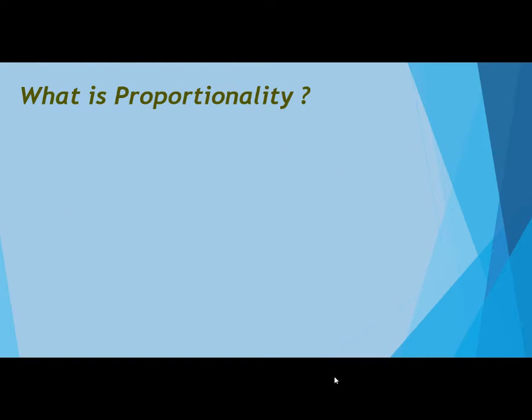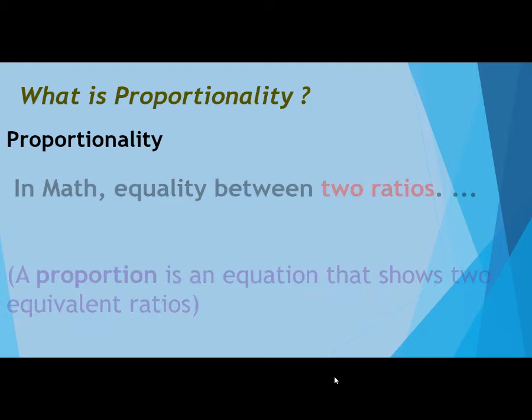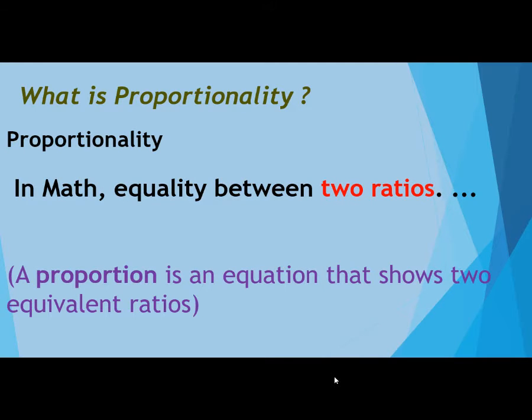What is proportionality? In math, equality between two ratios, we call that proportionality. A proportion is an equation that shows two equivalent ratios. For example, let me take 12 over 20 equals, I can divide both these values by 4, right?